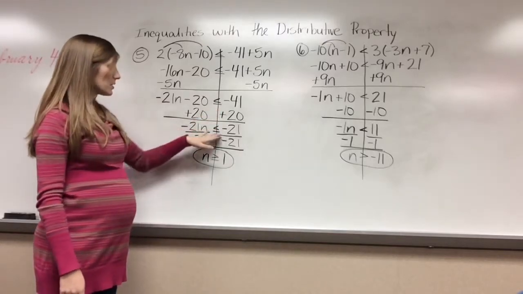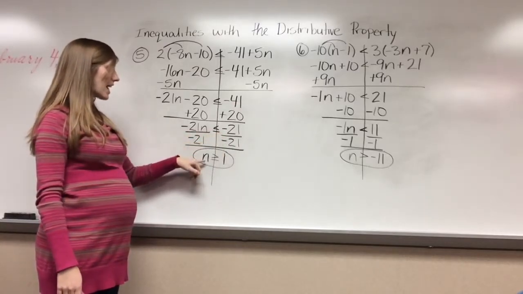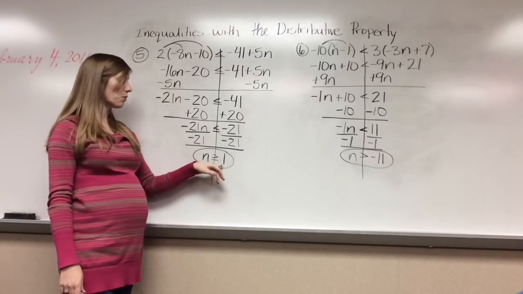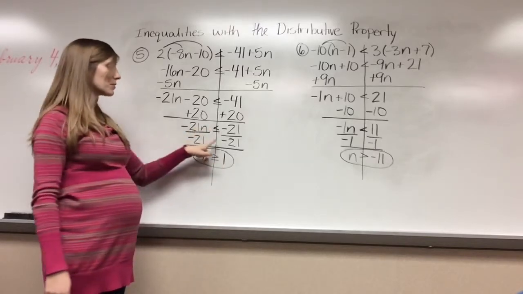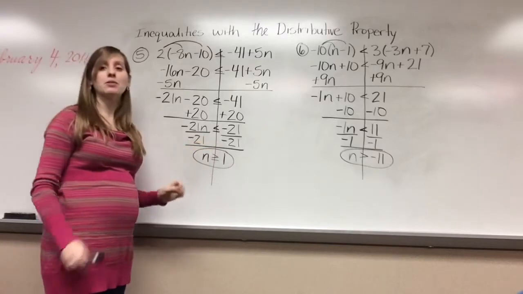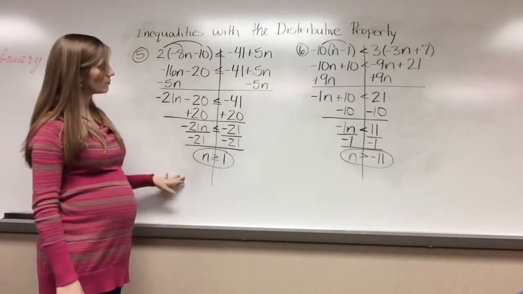And then my last step was to divide both sides by negative 21. So my solution was n is greater than or equal to 1. I did flip the inequality sign because I divided both sides by a negative. Anytime you divide both sides by a negative, you have to flip the inequality sign.